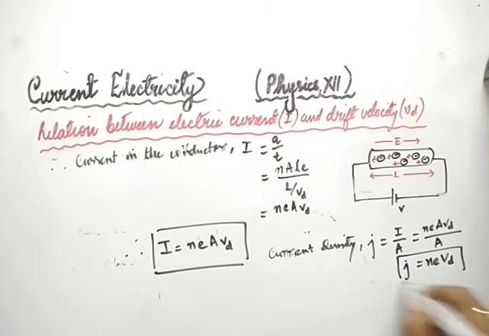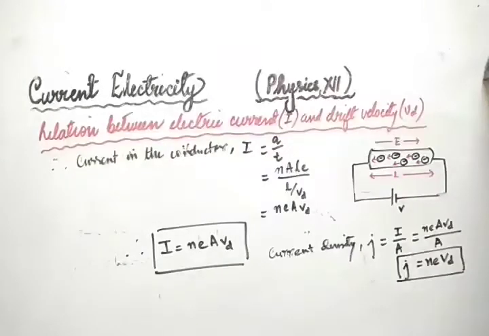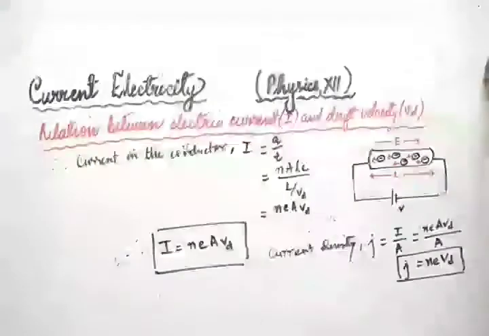So this is your current density. Since it is a vector quantity, if you want to write it vectorially, you will write a vector over J and over V. So this is your relation for I and J.